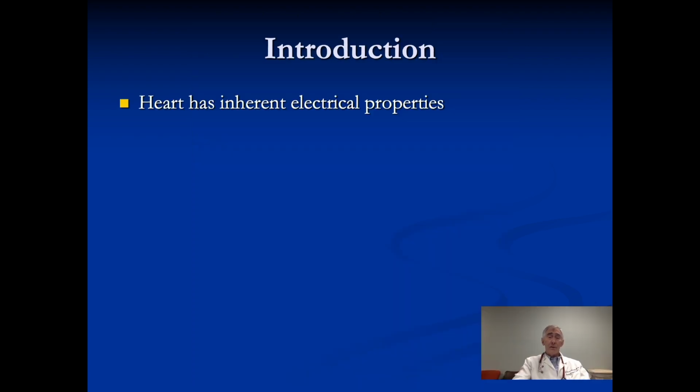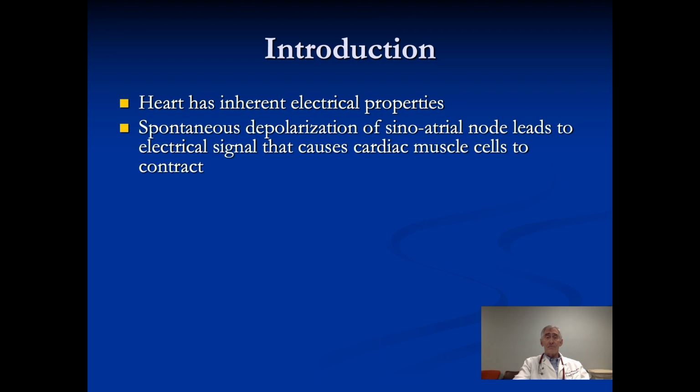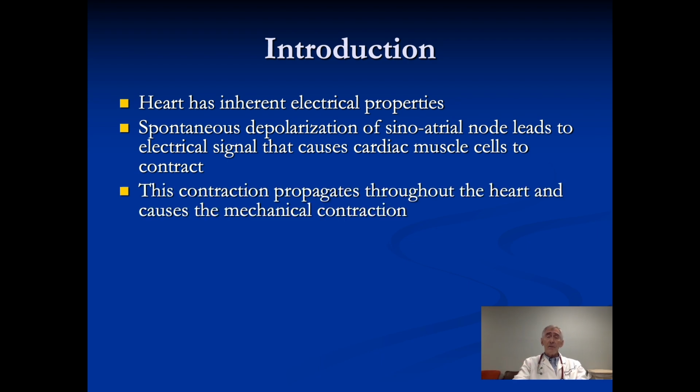As you've learned, the heart has inherent electrical properties. Spontaneous depolarization of the sinoatrial node leads to a signal that then propagates down the atria to the AV node, down the His-Purkinje system to the ventricle, and this propagation leads to depolarization and mechanical contraction throughout the heart.